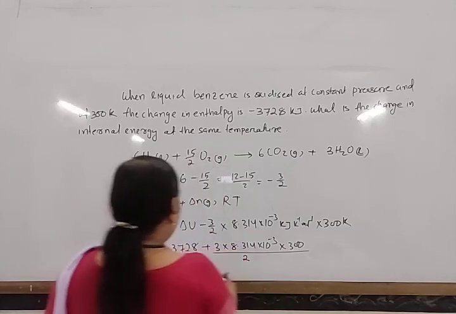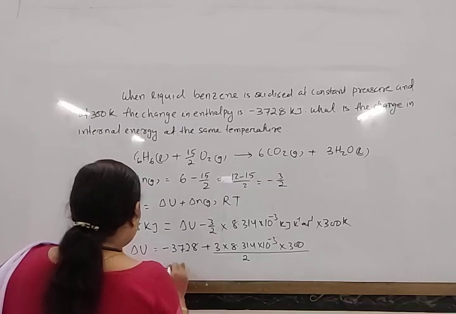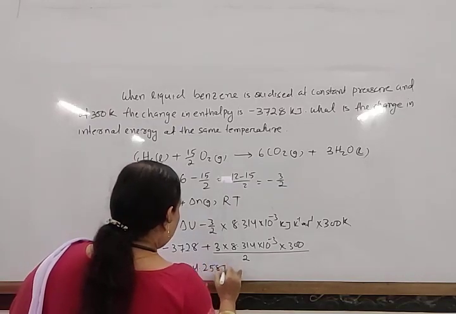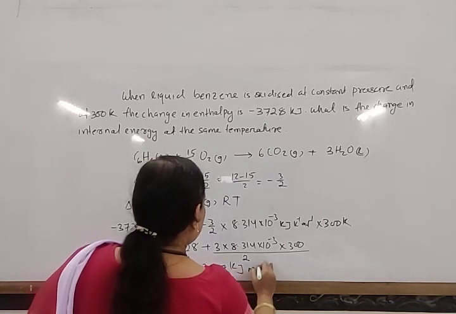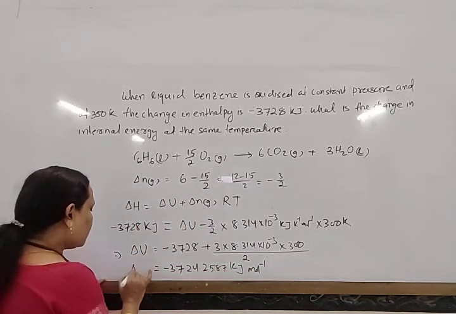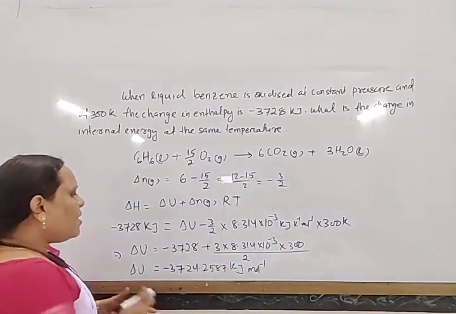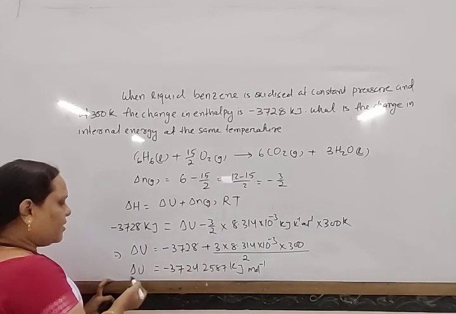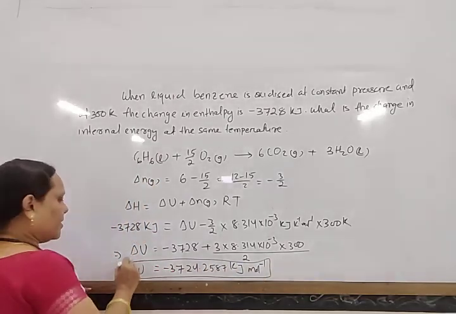Subtracting this, del U is equal to minus 3724.2587 kilojoule per mole. Just multiply and divide by 2, you get 3.7 something, then subtract it and you find the answer.